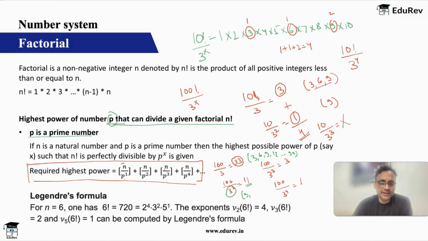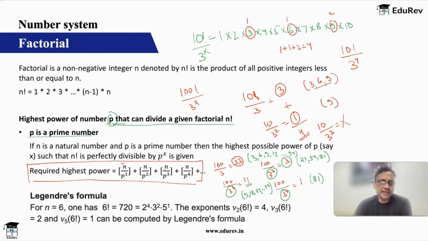So they'll be 9, 18, 27, up to 99. Then these 3 numbers are multiples of 3 cube, which means multiples of 27. There are only 3 such numbers: 27, 27 into 2, 54, 27 into 3, 81. And this one number is a multiple of 81. There's only one such number, 81.